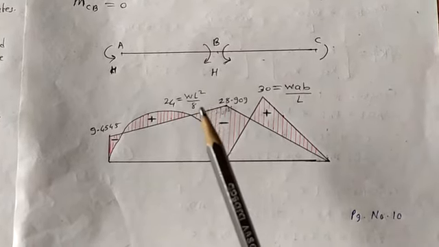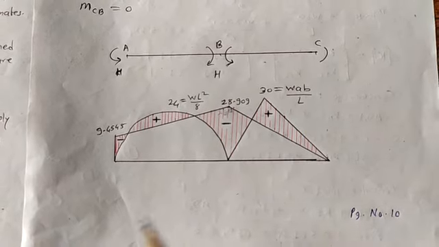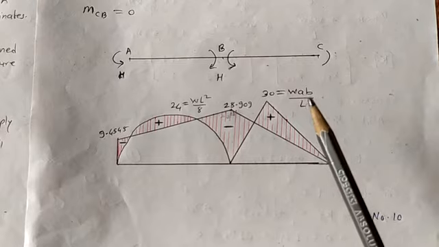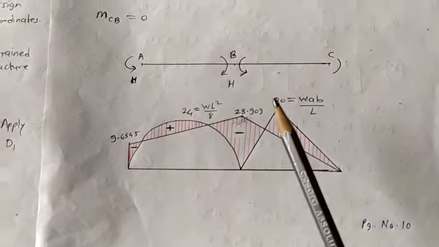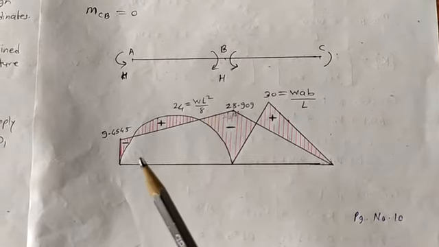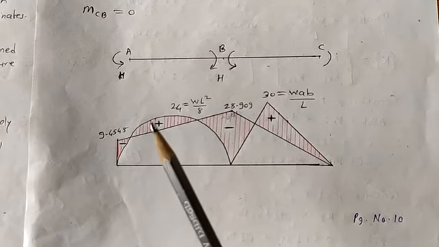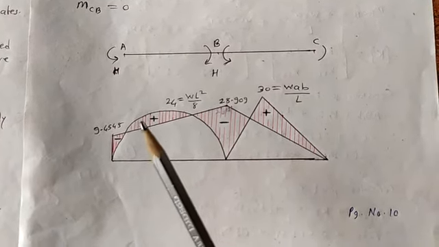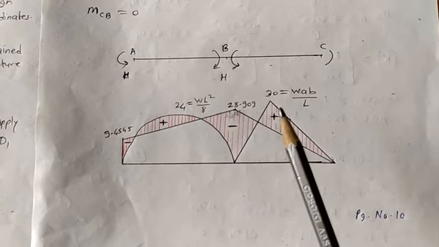This is the formula: we have WL square by 8 and WAB by L for a simply supported beam subjected to UDL and a simply supported beam subjected to point load. This is the maximum value of bending moment. Next, overlap. Of course, the free BMD will be positive because it creates a sagging type of bending moment.